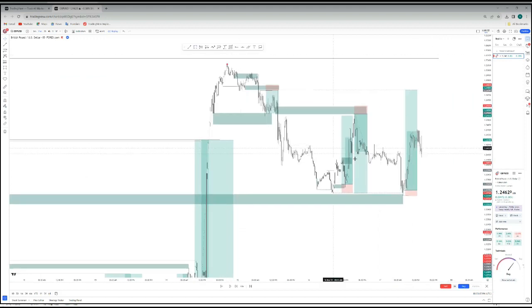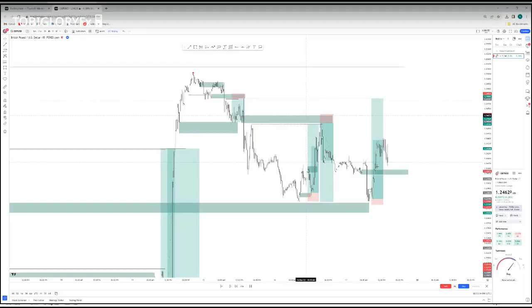So we have this area, this Quasimodo area to continue the buy journey. All right, we have this area to continue the buy journey. And now let's see.